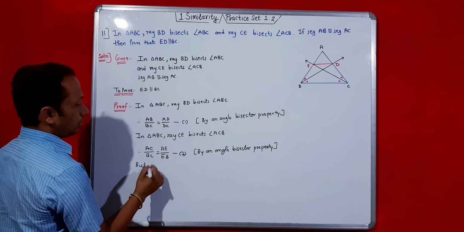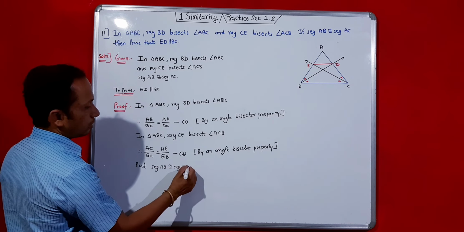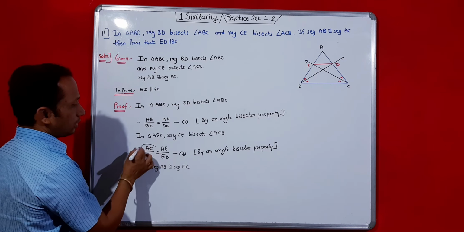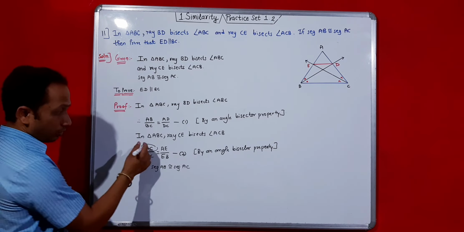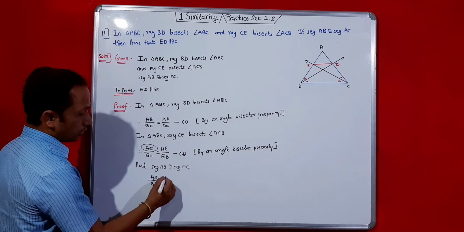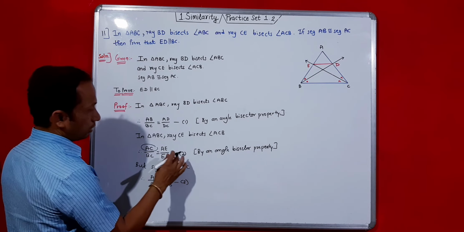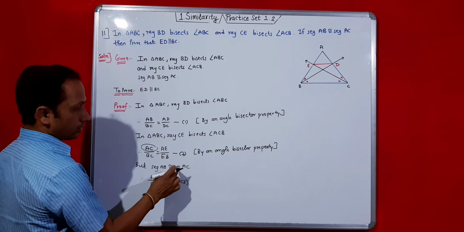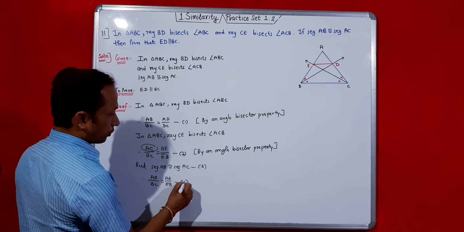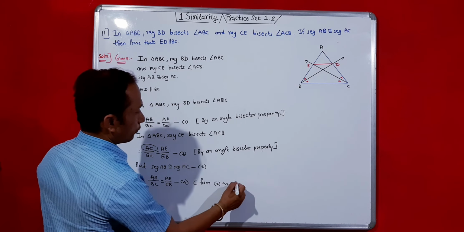Then you know that seg AB is congruent to seg AC. So instead of this AC I can write AB. Therefore AB upon BC is equal to AE upon EB. Okay, suppose this is third, so this is fourth, from 2 and 3.